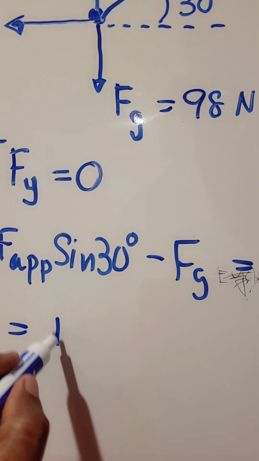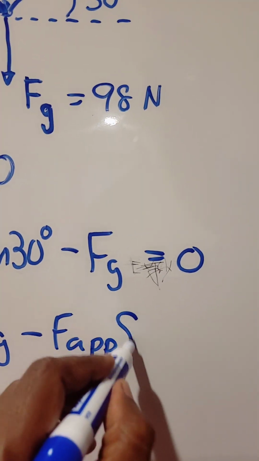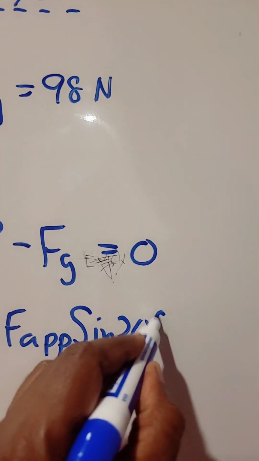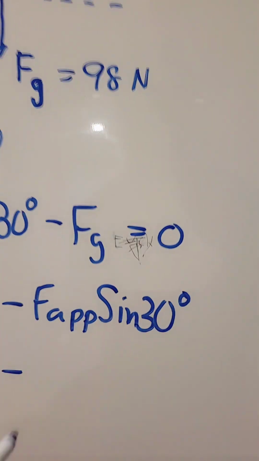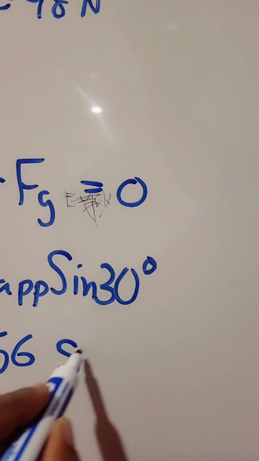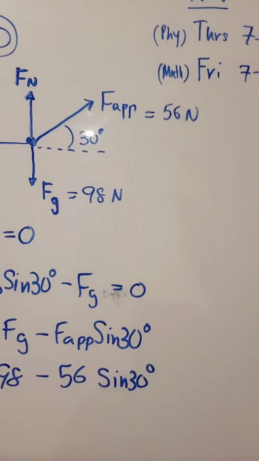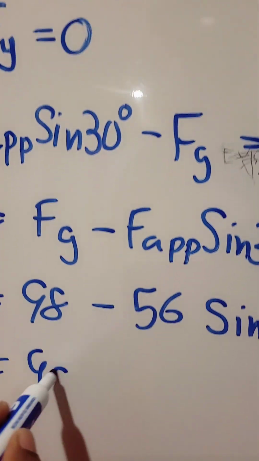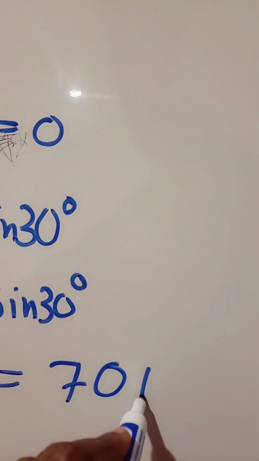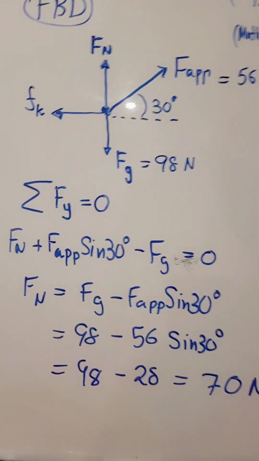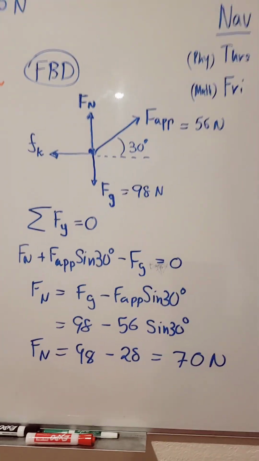This is basically algebra. Fg minus f applied sine 30 degrees. F of g is 98 minus f applied is 56 sine 30 degrees. Sine 30 is 0.5. So 98 minus 28, which is 70 newtons. So the normal force on the object is 70 newtons.